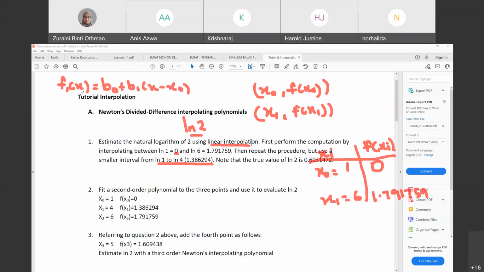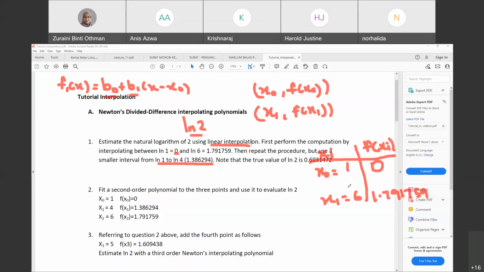Okay, this is the general form of Newton divided difference for linear interpolation. The highest b is b1, and inside the b1 there is one bracket which is x tolak x0 saja. Now we know that we have to find b0 and b1.